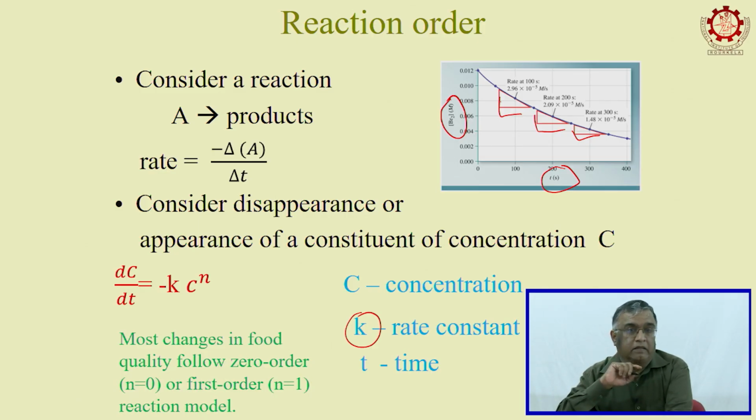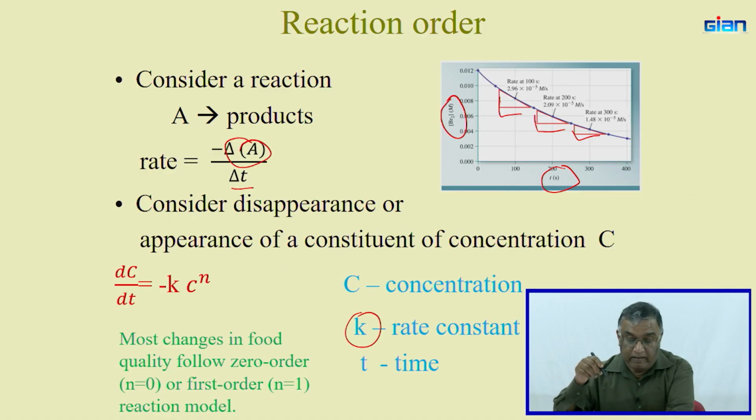For example, maybe I have certain ascorbic acid in a juice, how much ascorbic acid I initially have, and then as I am heat treating it, how that ascorbic acid is reduced. Initially it has a certain concentration, and then we see how that changes with time.